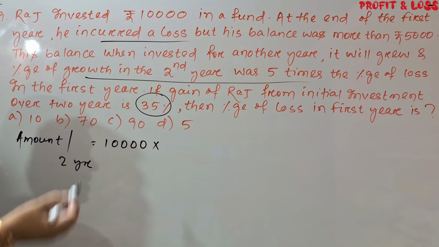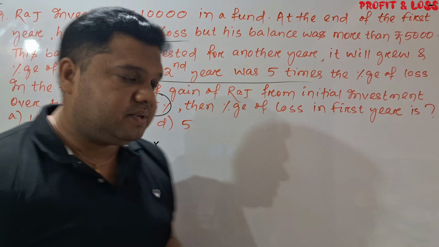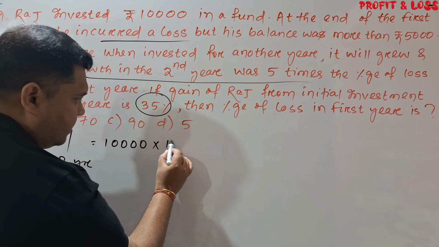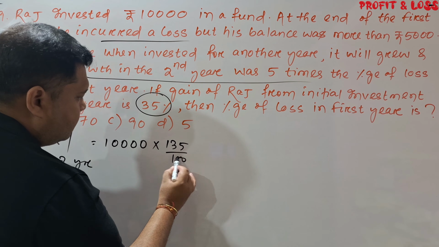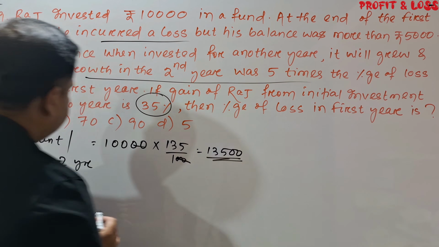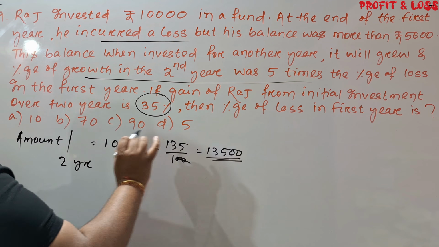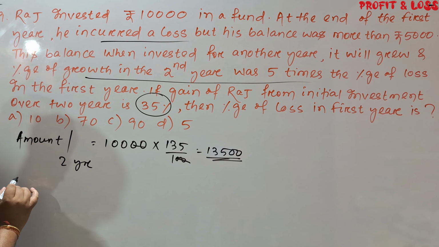Profit means 135%, when a percentage increase, 35% increase means 135%. So 135% divided by 100, the zeros get cancelled, this is 13,500. So initial investment is 10,000. After 2 years it becomes 13,500.